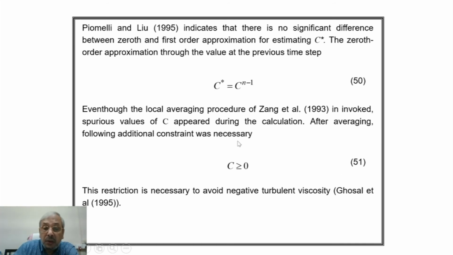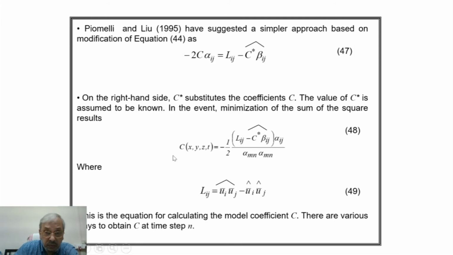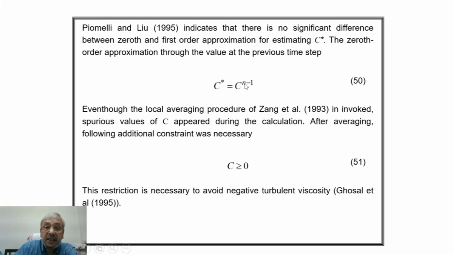But we can adapt that. Whatever is the value of C after this closure of subgrid, test level grid and the usual grid, that C can be averaged for each cell from its neighbors.